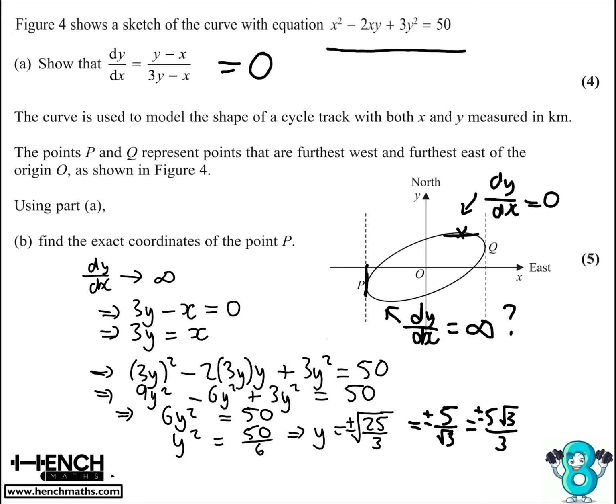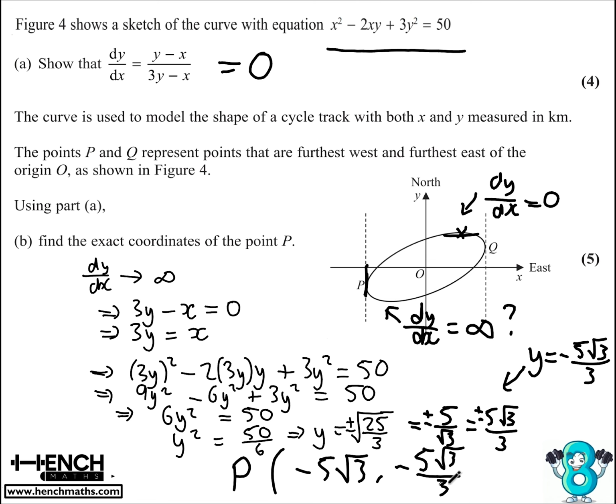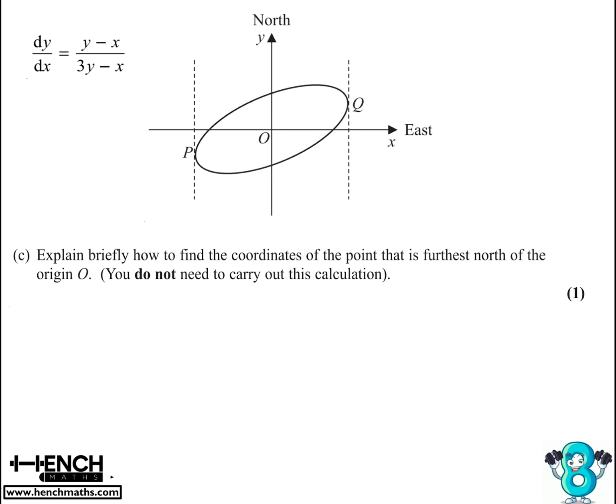So that means we're going to take our y here to be negative 5 root 3 over 3. Our x is 3 times y, so we'd multiply that by 3, they cancel out. So what we're going to get is our point P is going to be negative 5 root 3, negative 5 root 3 over 3.